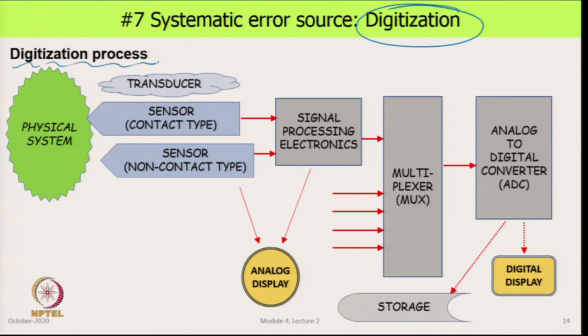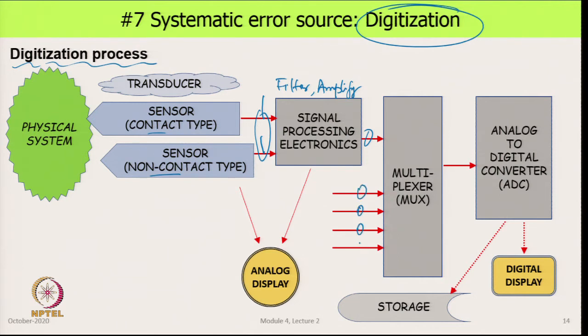Very quickly, we have a physical system from which we have a sensor, which could be contact or non-contact type. It generates an analog signal, and this signal goes into processing electronics, where it might be filtered and or amplified, and again comes out as an analog signal. This goes to a multiplexer if there are more than one input.